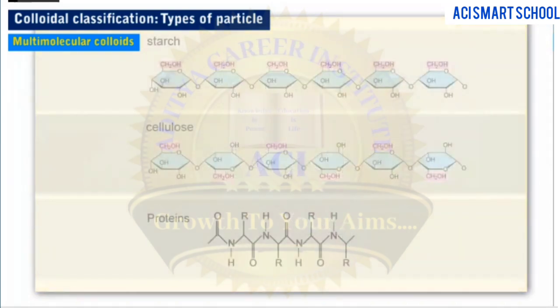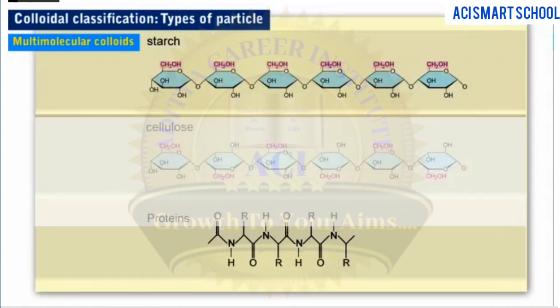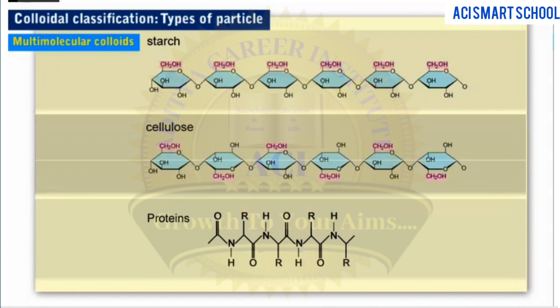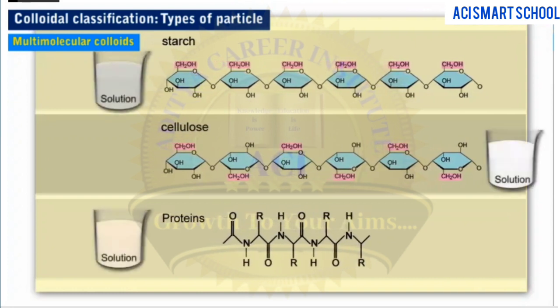The other category of colloids is macromolecular colloids. Certain substances like starch, proteins, and cellulose have molecules of big size which lie in the colloidal range. The solutions of these substances in suitable solvents are called macromolecular colloids.